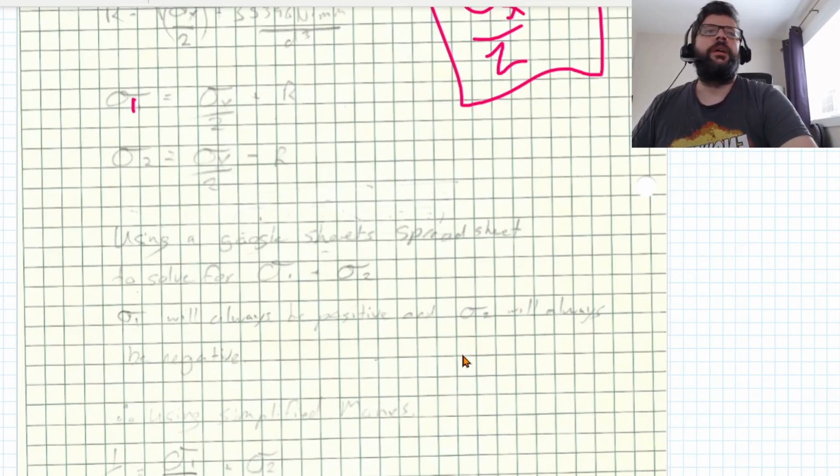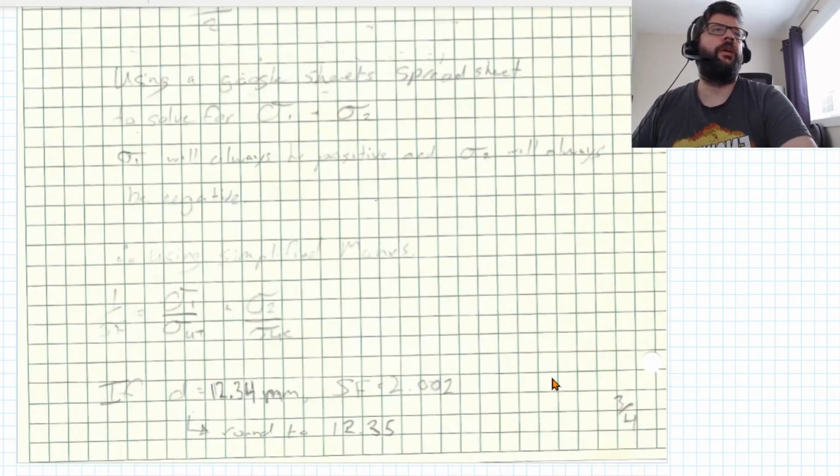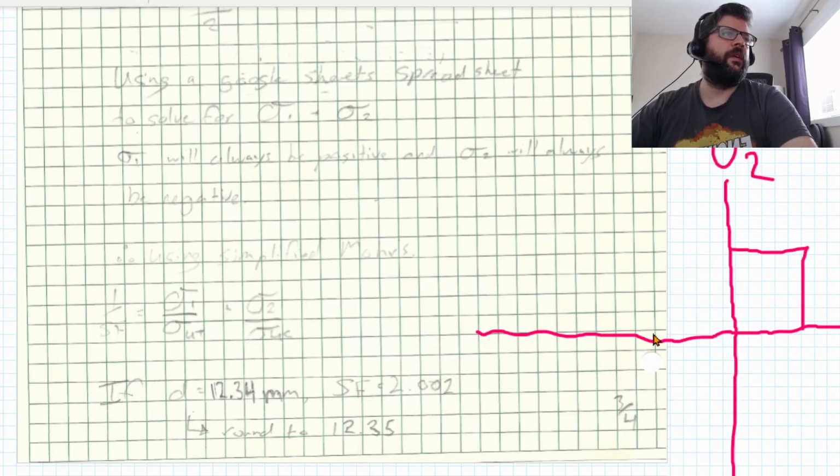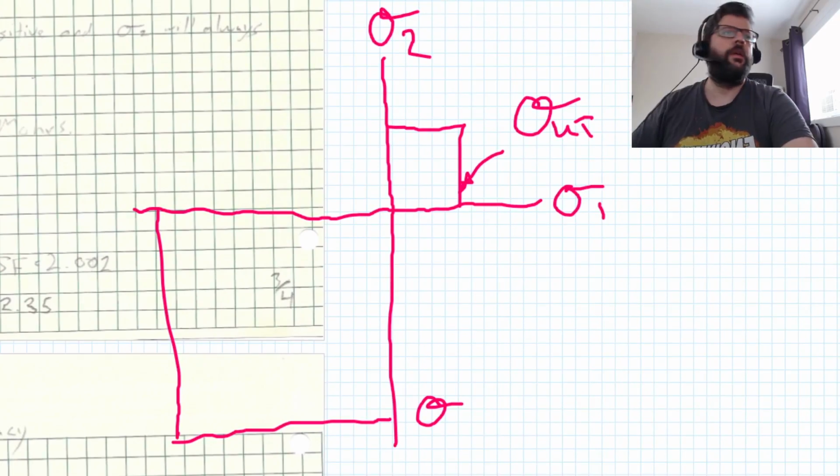So that would be ideally suited for the simplified Mohr's failure criteria, which again, is the one where we have this is our sigma 1 axis, this is our sigma 2 axis, this is the sigma ut, and we got our sigma uc here.